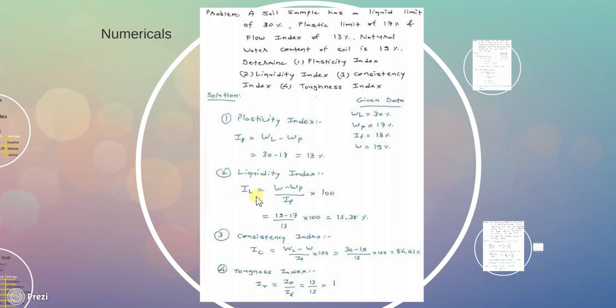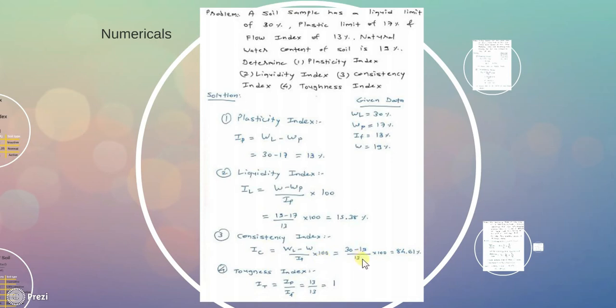We know the liquidity index formula: IL equals W minus WP upon IP into 100. So for the natural water content, plastic limit and plasticity index, we have all three values. Putting all the values in this equation, we get IL, the liquidity index, as 15.38%. Consistency index, item 3: we already have the formula, IC equals WL minus W upon IF into 100.